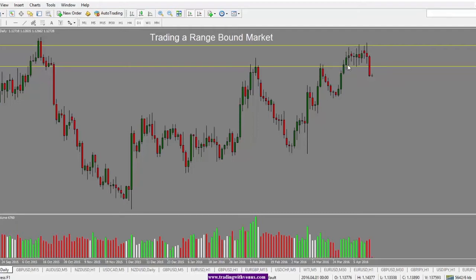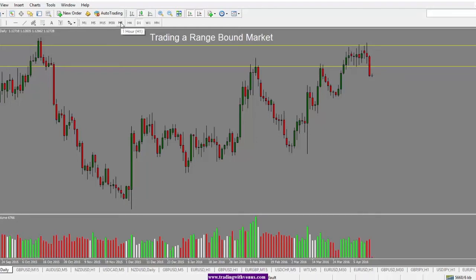Every time price comes to the bottom, buy it, with the stop loss underneath the previous low right here. And when the price goes to the top, you would place your stop loss above here, or even above the swing high, so that you have a little bit of room for your trade to breathe, and then you would sell. So you're looking to sell at the top and buy at the bottom.